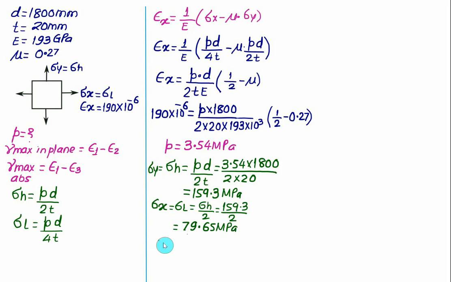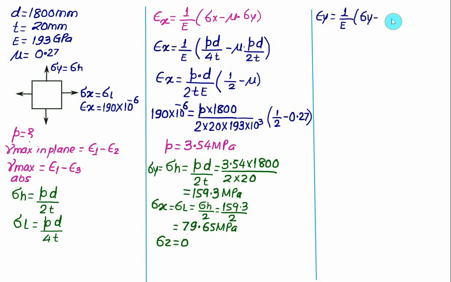We have sigma z in this case equal to 0. So strain along the y direction will be equal to 1 upon the Young modulus E multiplied by stress along the y direction minus mu into stress along the x direction plus the term for the z direction. We have epsilon y equal to 1 upon Young modulus, which you have to take in megapascal, 193 into 10 to the power 3.